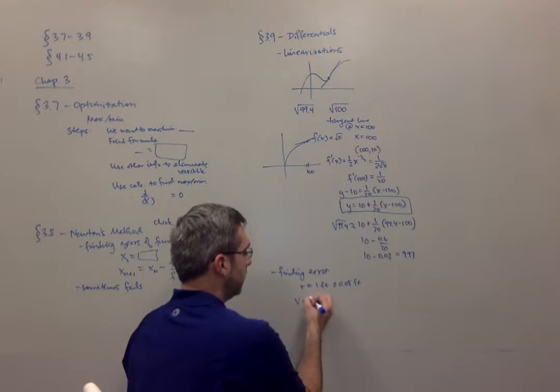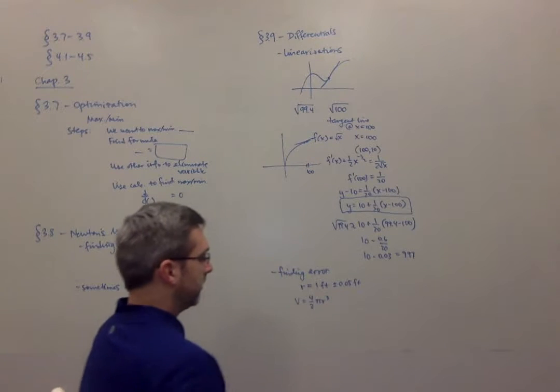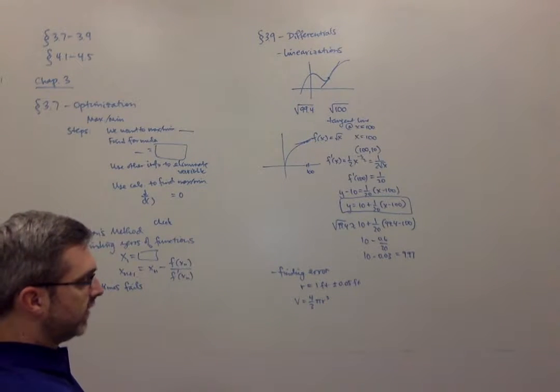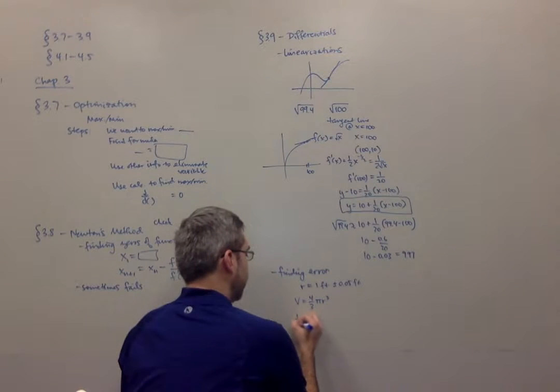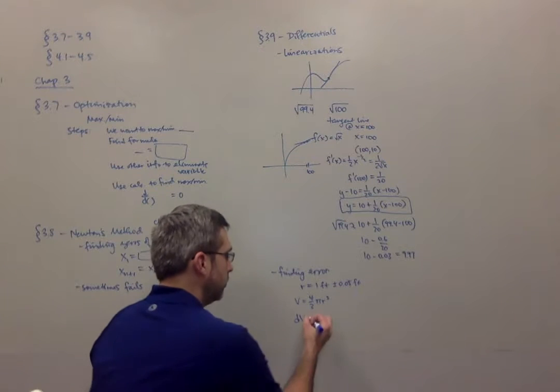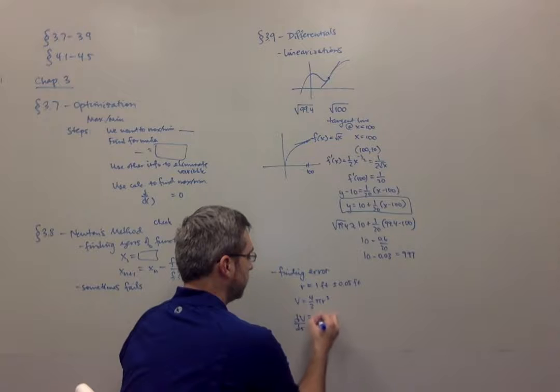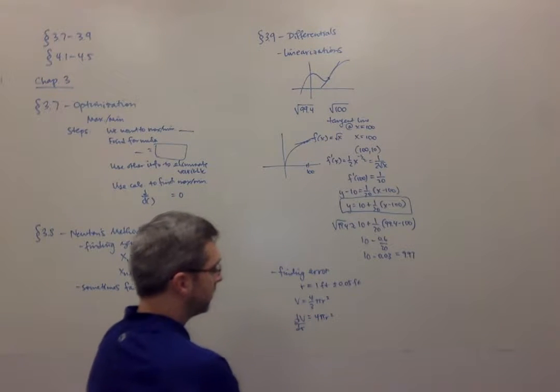So what we did there is we had a formula for the volume or whatever it is we were trying to calculate. And then we used differentials to come up with a formula. So dV/dr, the derivative here in this case, is going to be 4 pi r squared.